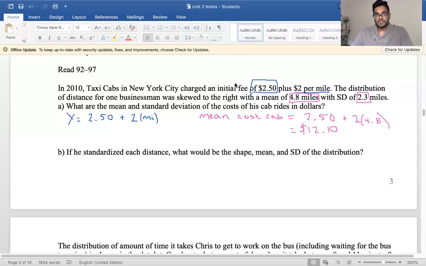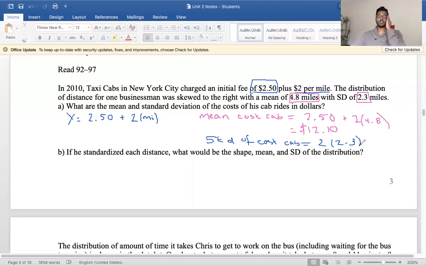Now the next one: what's the standard deviation? With standard deviation, we just said you don't do the addition part. So to calculate the standard deviation of the cost of the cab, you just do 2 times the standard deviation, 2.3.